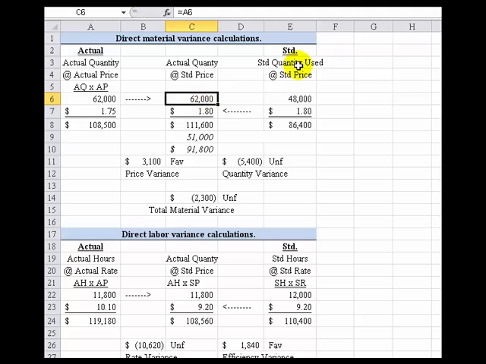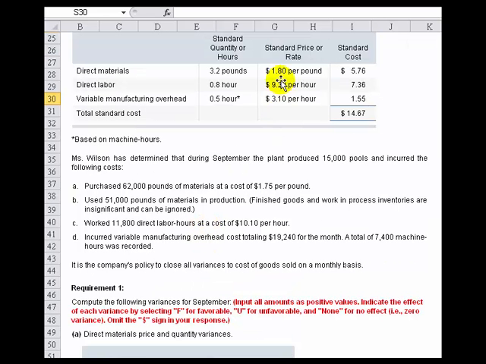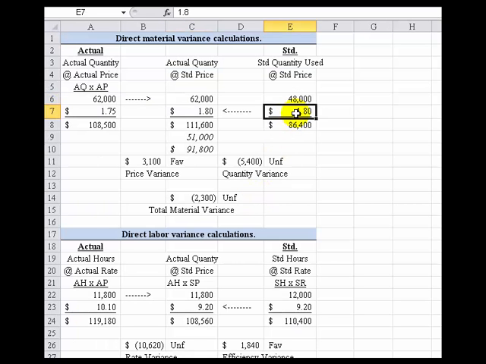But we also have to come up with the standard. And did they give us the standard? Yeah, $1.80 per pound. So we're going to drop in the $1.80 there. And we don't know 48,000 yet, but what we do know is that they made 15,000 pools.